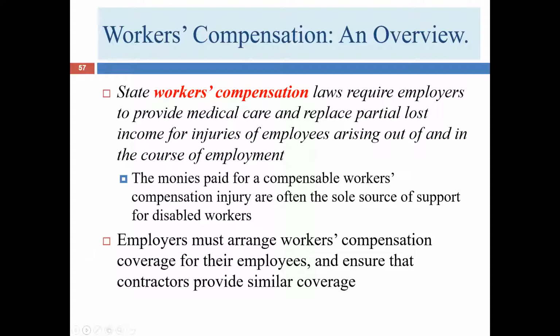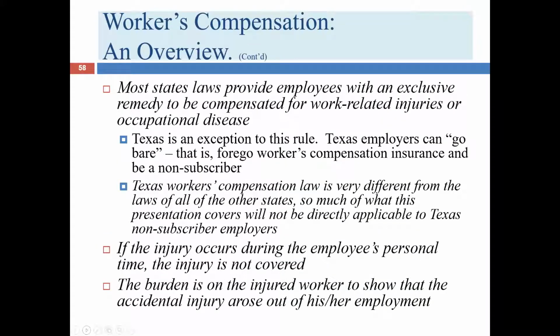They really are very, very different than what we see in most states. Okay, so most states provide, and when I say most states, I mean like 49 out of 50, the vast majority of states, in other words, provide employees with an exclusive remedy. So there's only one place the employee can go, and that's the workers' compensation statute, to be compensated for workplace injuries or occupational diseases.